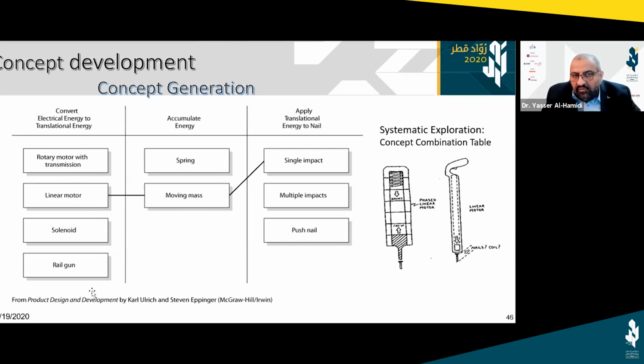We have 4 by 2 by 3, so this is 24. There are many techniques to reduce this number of combinations, but what I would like you to understand is that you need to follow some systematic approach to be able to select the best concept for your device, which really meets all of the customer needs.